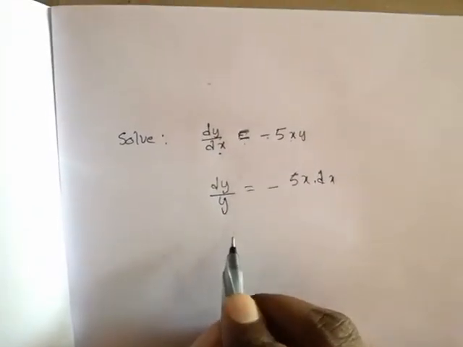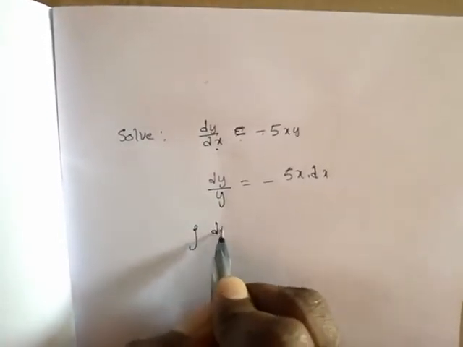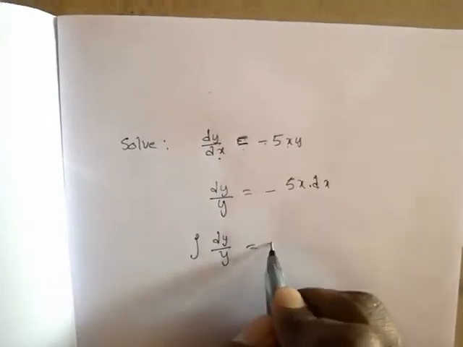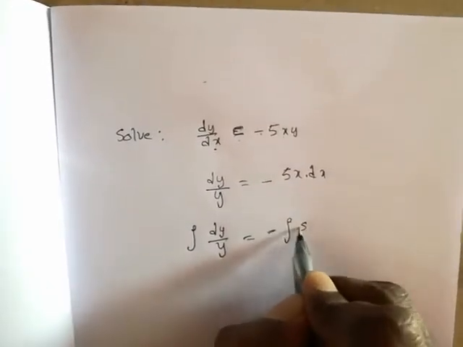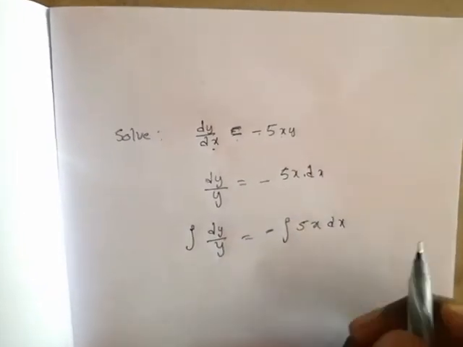Now take integral on both sides. Integral of dy by y equals minus integral of 5x into dx.